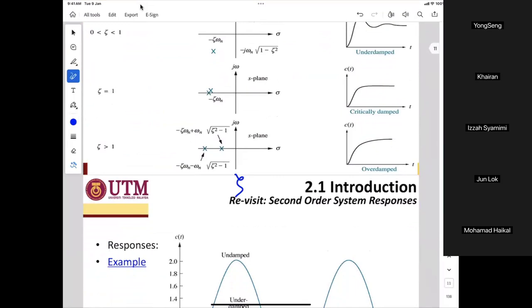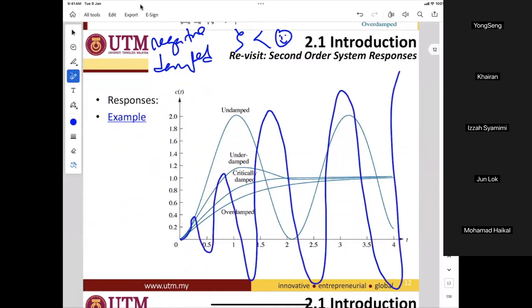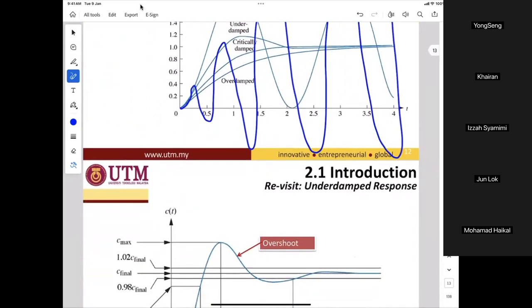Yes, doctor. Range of zeta for negative damping: less than 0. Less than 0. So this one, there is no negative damping response, so you can just add: when time goes towards infinity, the response becomes bigger and bigger. Then it bursts, explodes. Boom, unstable.